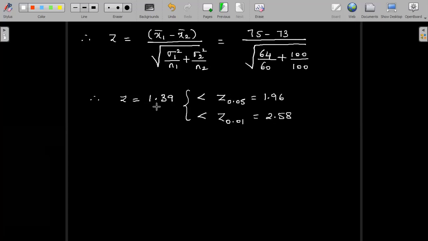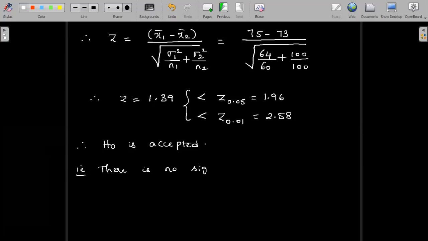So the calculated value of Z, 1.39, is less than the tabulated value of Z. So we accept the hypothesis at both the levels of significance. Therefore, H naught is accepted at both levels, that is, there is no significant difference.